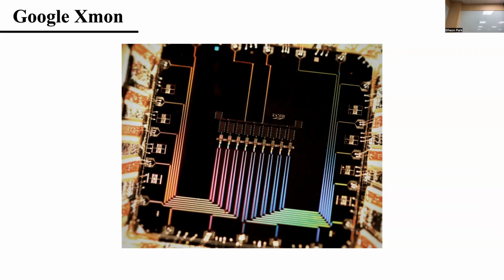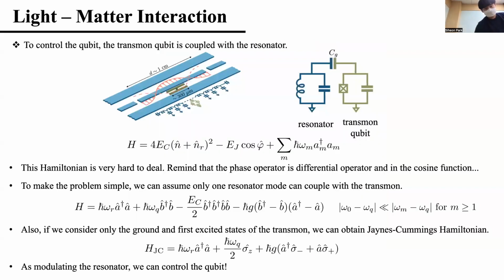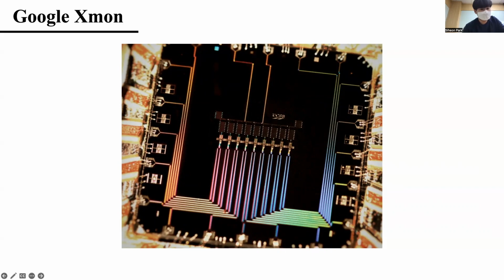By operating a CNOT gate, you can make an entangled state. In this picture, there is just one transmon qubit. However, in the real world, you can think about multiple transmon qubits, so you can make an entangled state.